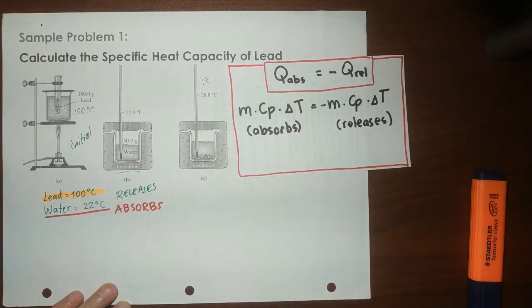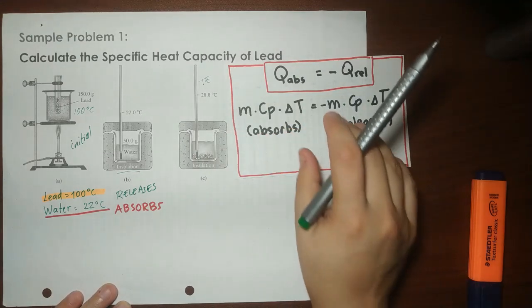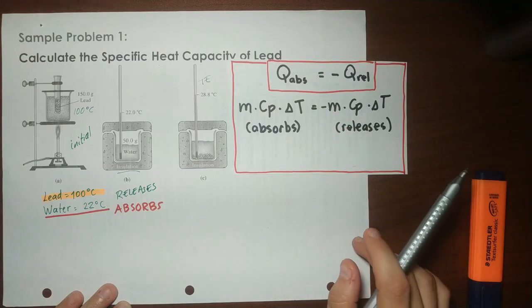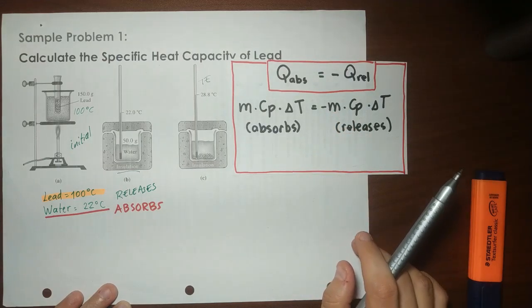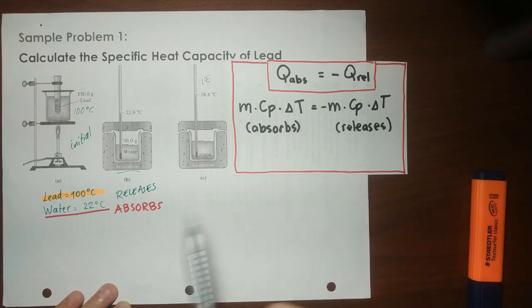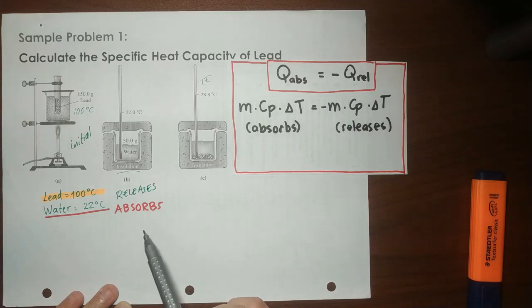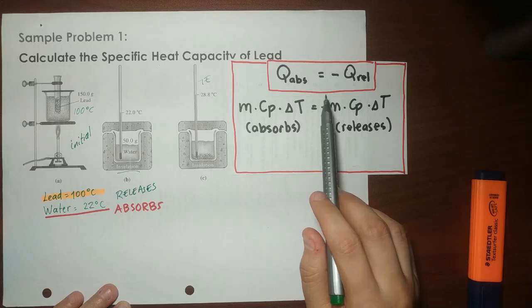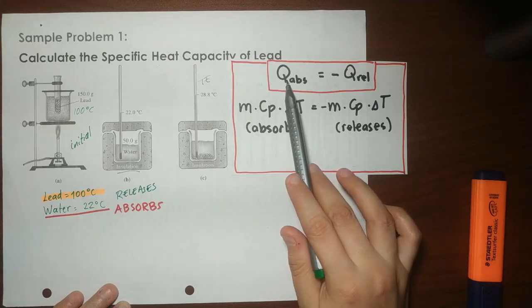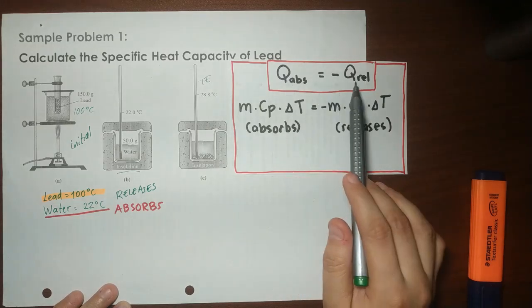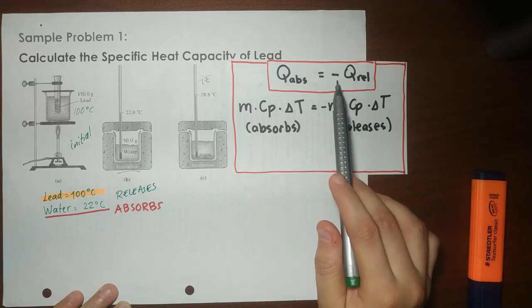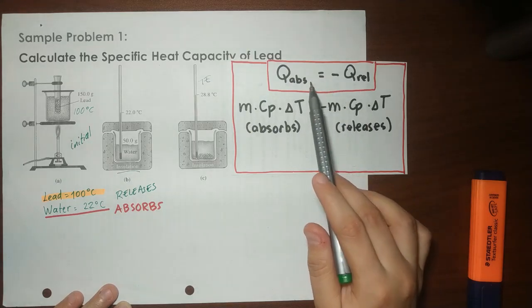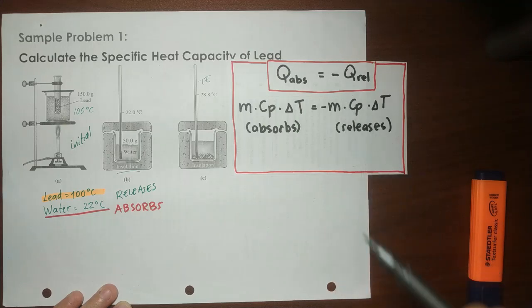Now, the first step that we do right here is we identify the substance that releases energy and the other substance that therefore absorbs energy. Why is that? Because the main equation that we'll use is Q absorbed, or heat absorbed, equals heat released. So we need to identify which one absorbs and which one releases energy.